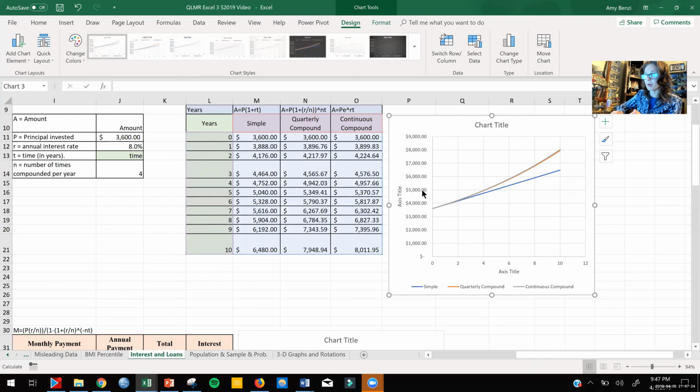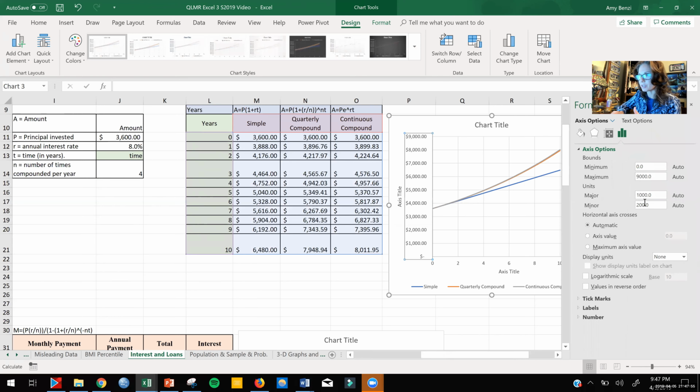Remember on our Bill Clinton, George Bush unemployment rate graph, how we wanted that graph to start at 0 to show the true difference. When it did not start at 0, it exaggerated, highlighted the difference. And now we actually want to highlight the difference because we want to clearly see the difference between compound interest and, what's it called, simple interest, sorry. All right, so I'm going to change my minimum value over here to 3,500.